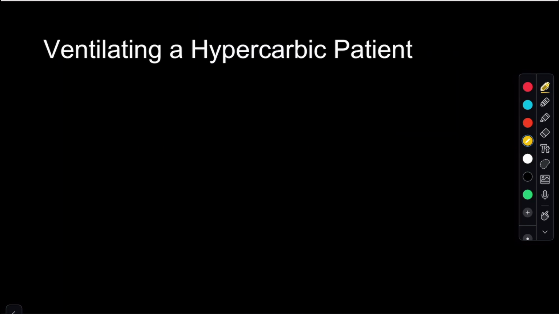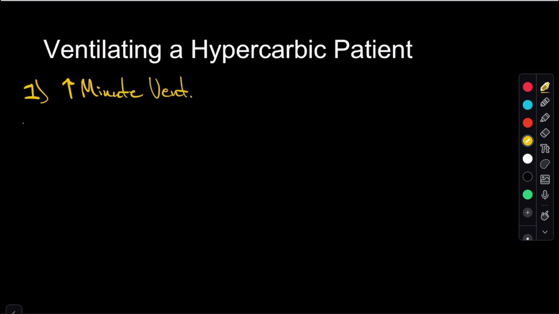So I'll list 2 or 3 ways to improve carbon dioxide elimination in a hypercarbic patient. So the first, this is probably the most common way, at least I've heard of this the most when being taught, is to increase your minute ventilation. Minute ventilation is composed of tidal volume times respiratory rate.